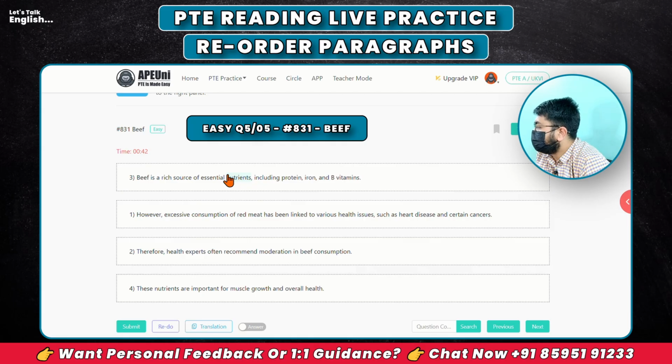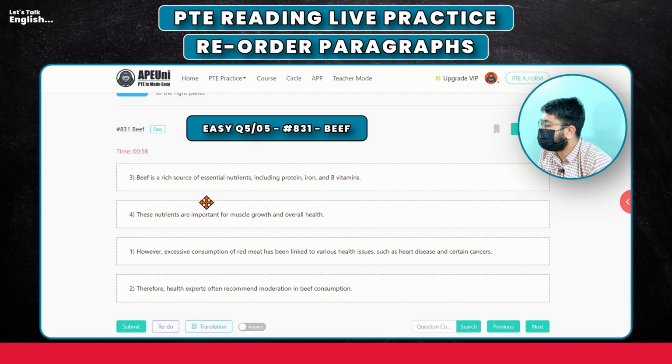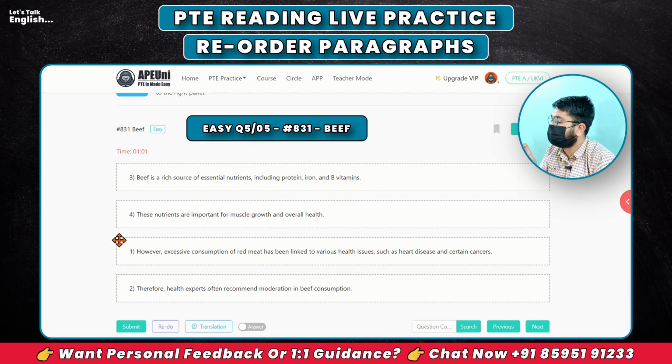अब ये बात कर रहा है source of essential nutrients including protein, iron and B vitamins. Okay. Protein, iron and B vitamins. I'm not a nutritionist, but I definitely know that they fall in the category of nutrients and vitamins. So 4th number makes sense with the 3rd sentence which is on top. तो हमारा first pair तो we have in hand, right?